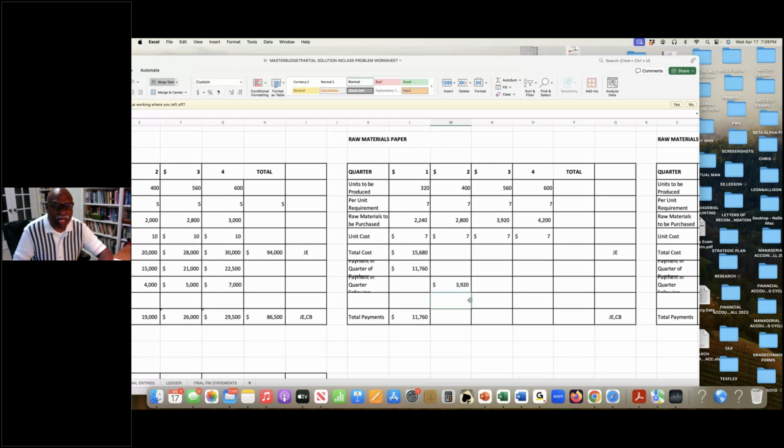Overall total cost in quarter two was 19,600. And how much of that did we pay? 14,700. How much did we pay the next quarter? We paid 4,900.